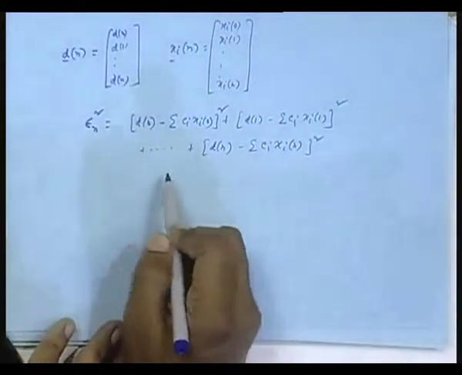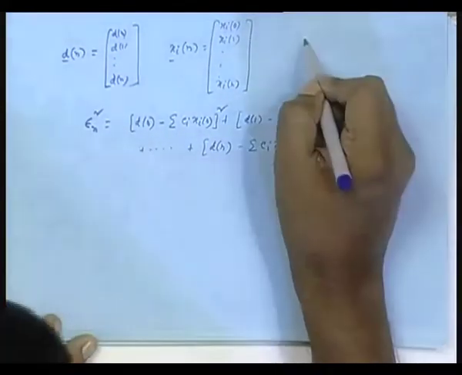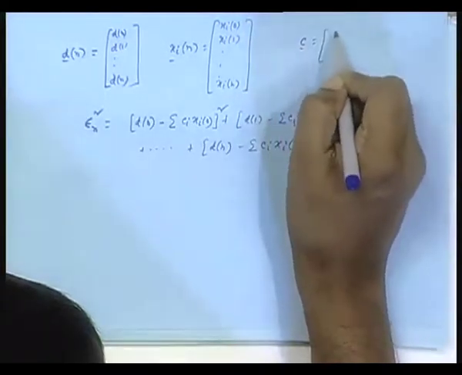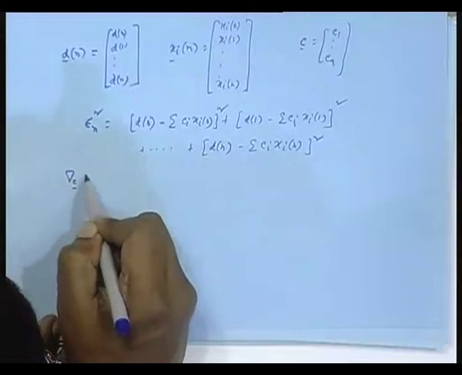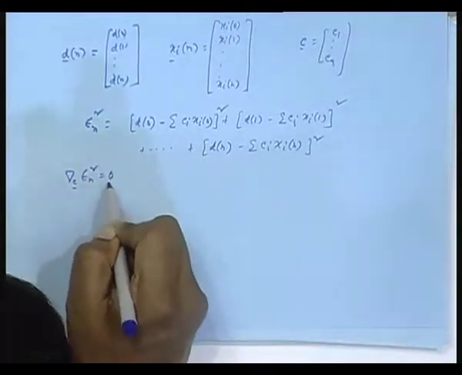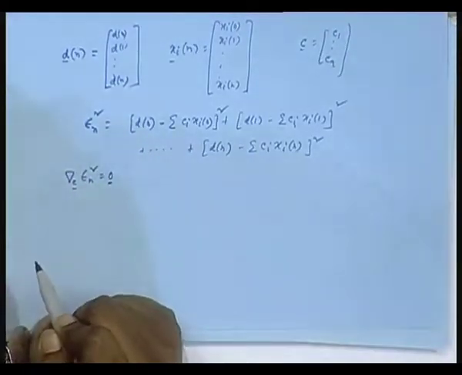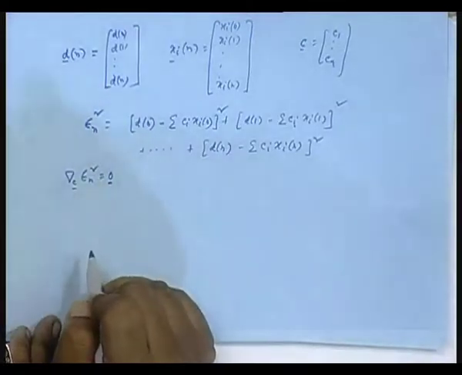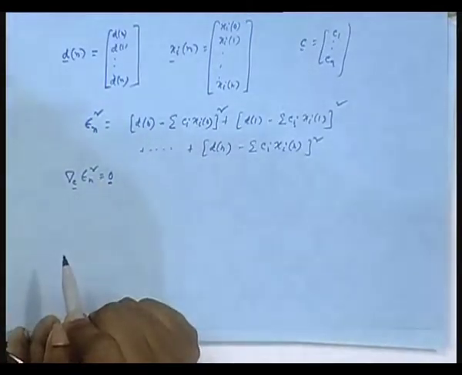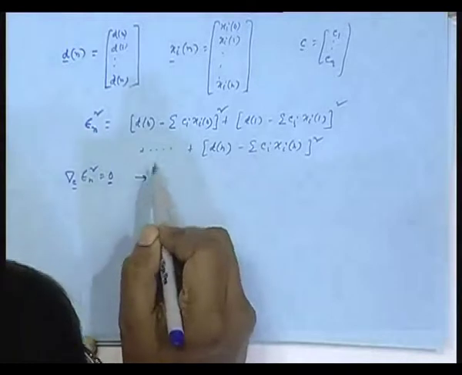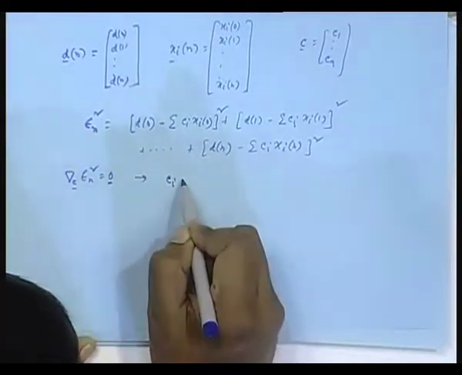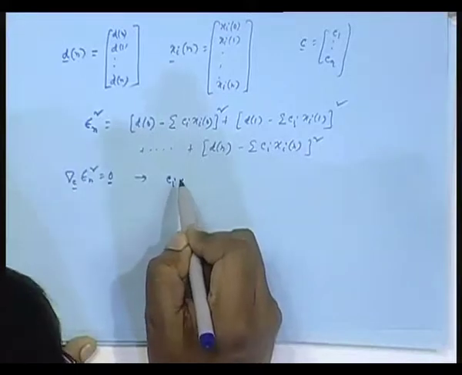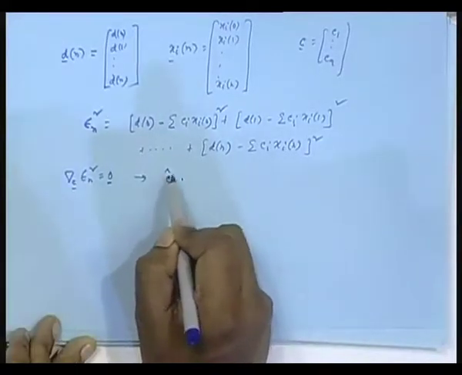Those optimal coefficients, that is, if you define C as I already defined it, and if you do del C epsilon n square equal to 0, differentiating and equating to 0, you will get the optimal coefficients. My point is, the optimal coefficients ci should be replaced by ci cap, cap is for the estimate.